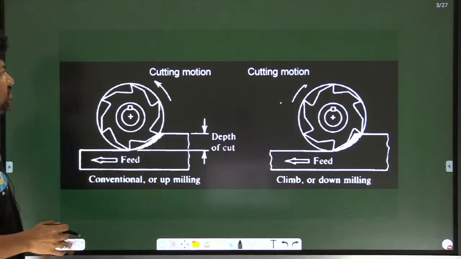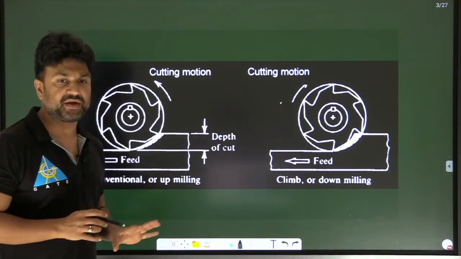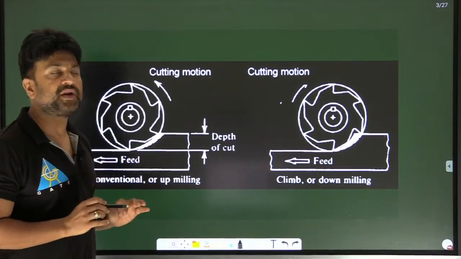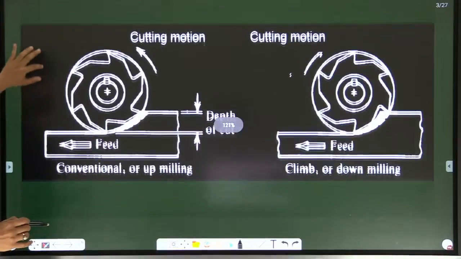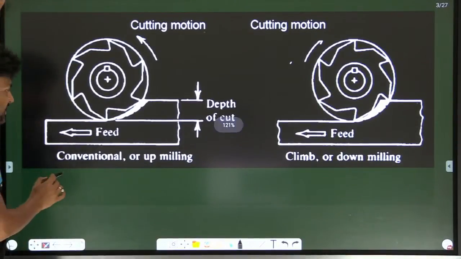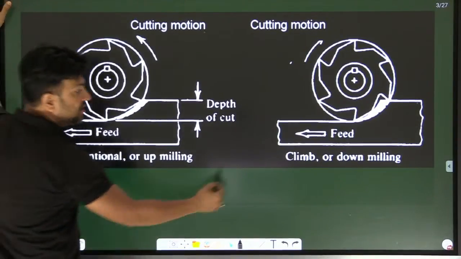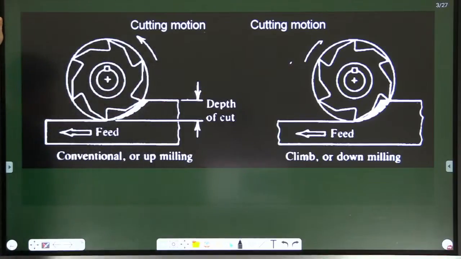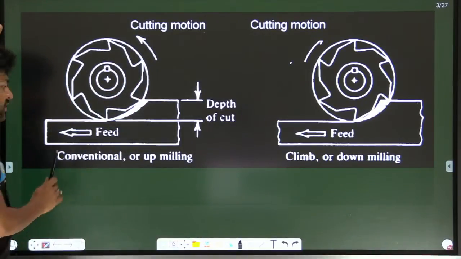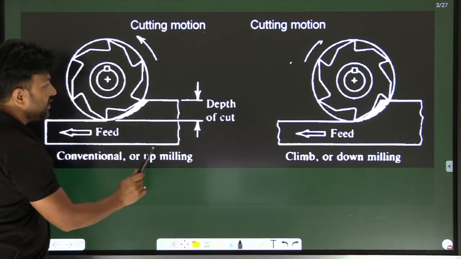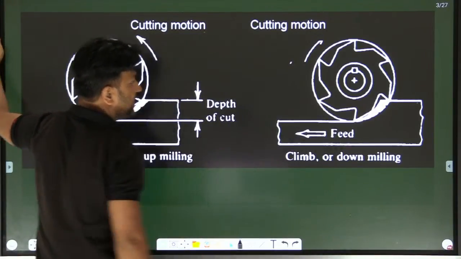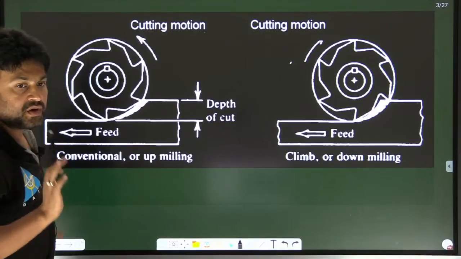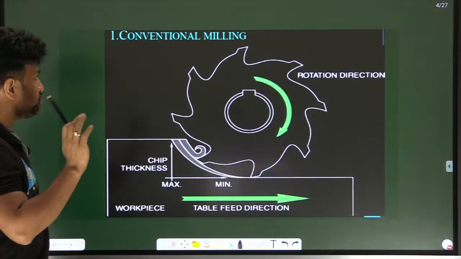First of all, you should understand the types of milling and their names. There are two types of milling. One is conventional and the other is climb. The other name of conventional milling is up milling, and the other name of climb milling is down milling. Now, one by one I am going to show you.